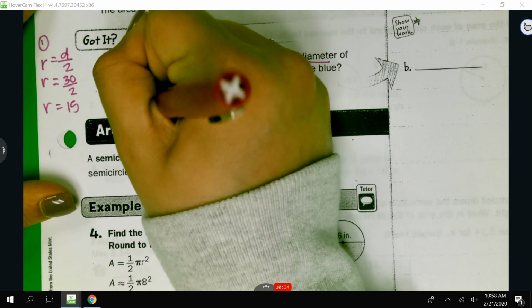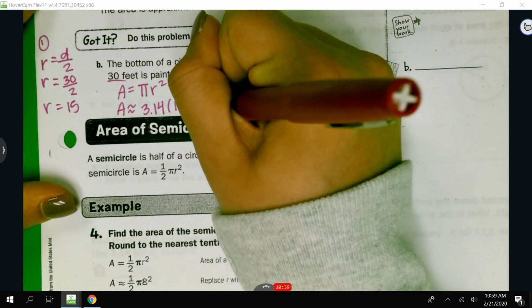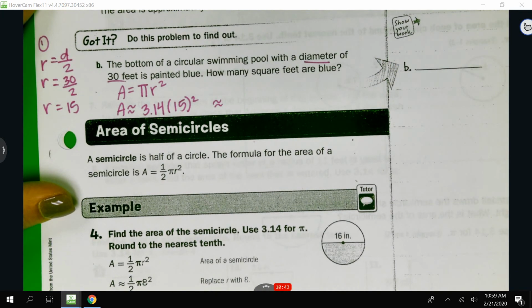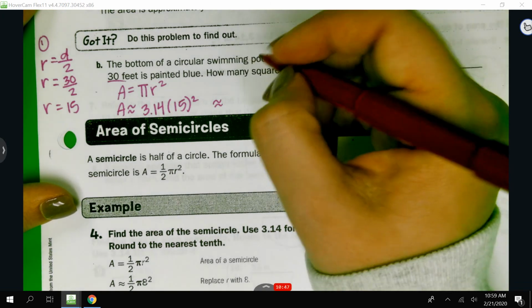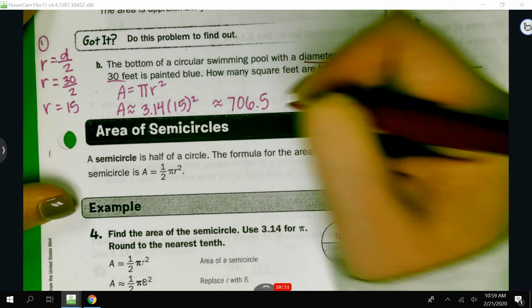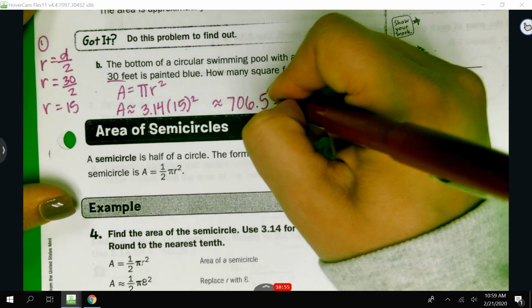Pi is 3.14. R is 15. So what is my area? 706.5. Do we all agree? 706.5 what? Square feet.